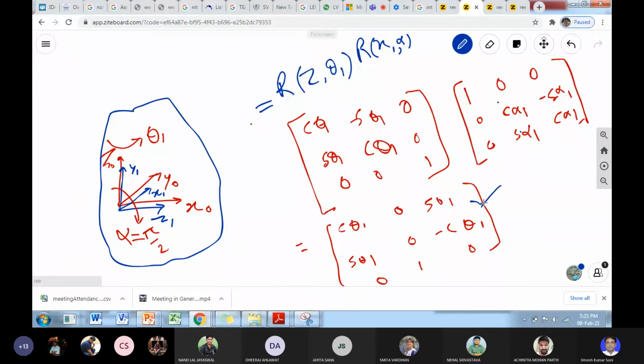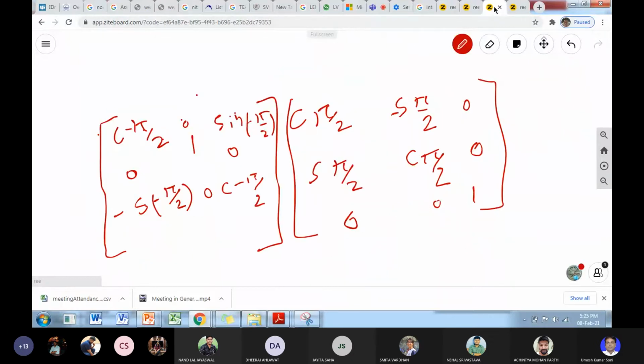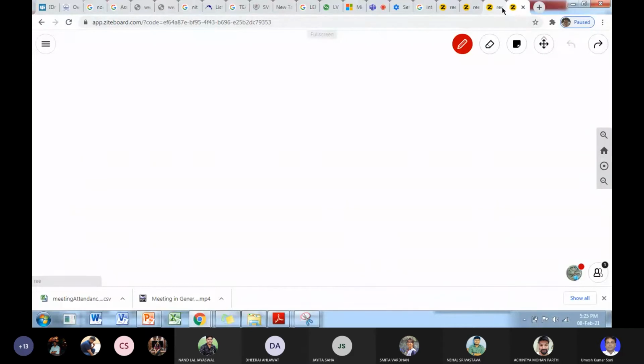And now what will be the total homogeneous transformation matrix? See, c theta 1, 0, s theta 1, and s theta 1, 0, minus c theta 1, 1, 0, 0.